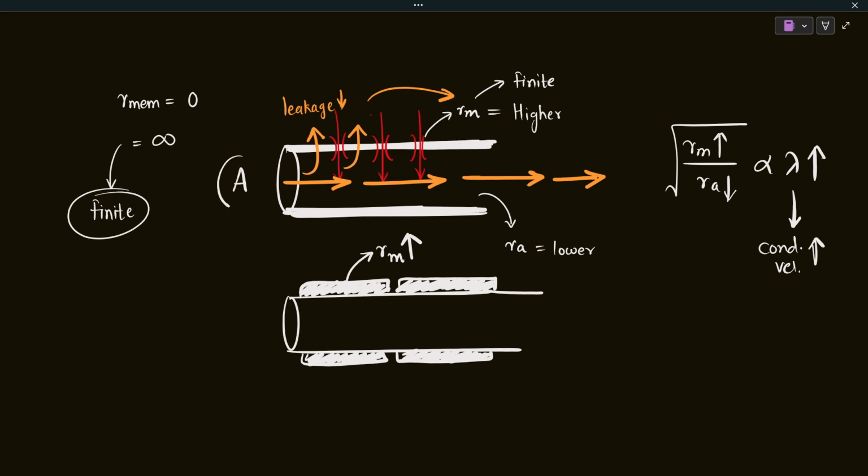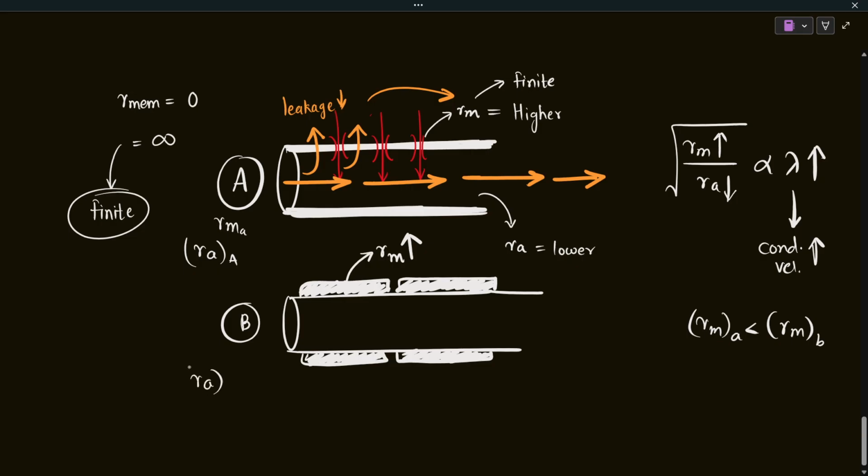So the membrane resistance of axon A, RMA, will be lower than RMB, the membrane resistance offered in axon B. But the axoplasmic resistance in case A and the axoplasmic resistance in case B will be nearly equal, because the axoplasm is not going to differ here. Okay.